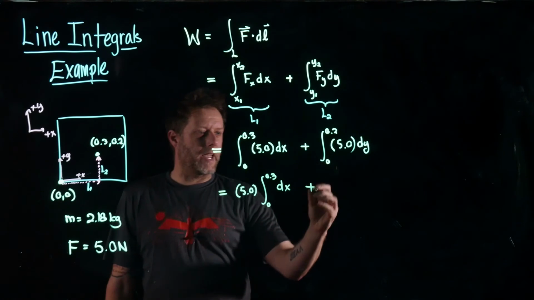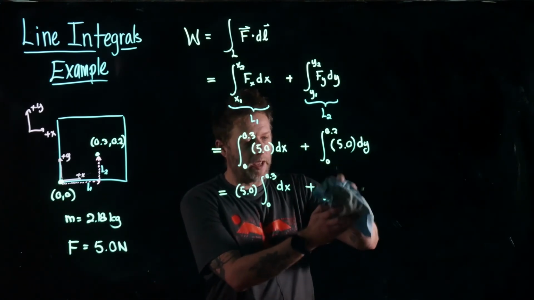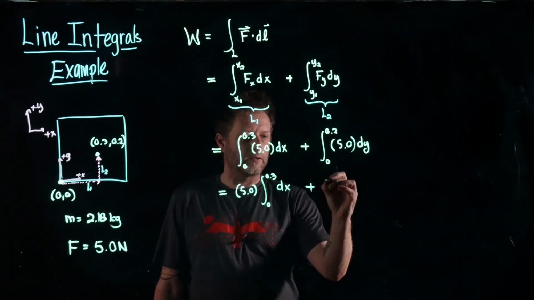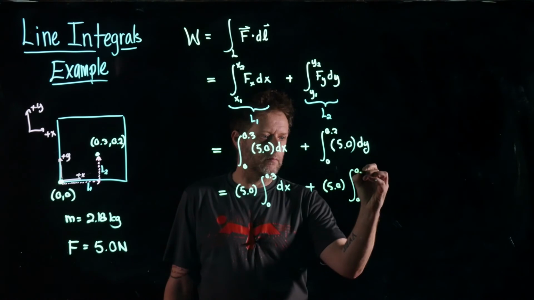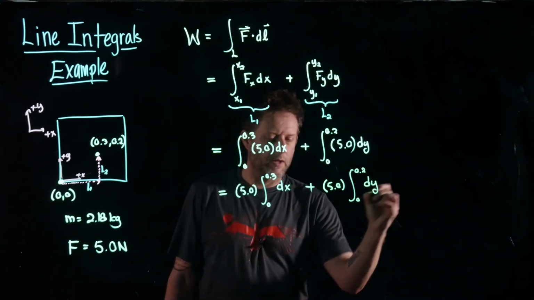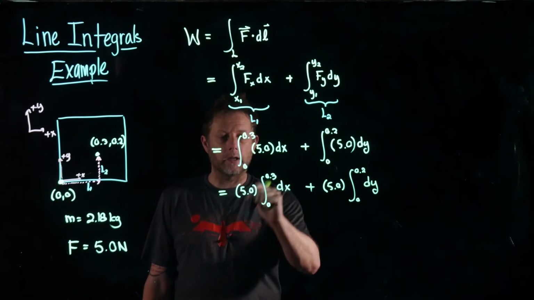We can do exactly the same for path 2. Okay. Now we're integrating over x. In principle, we can read this as having a 1 in front here.